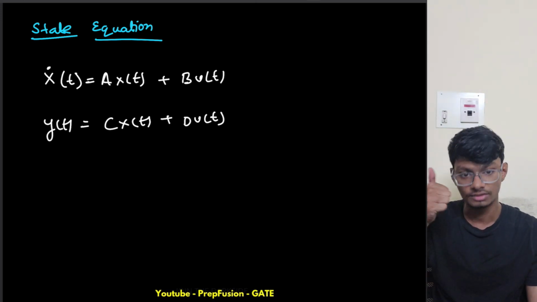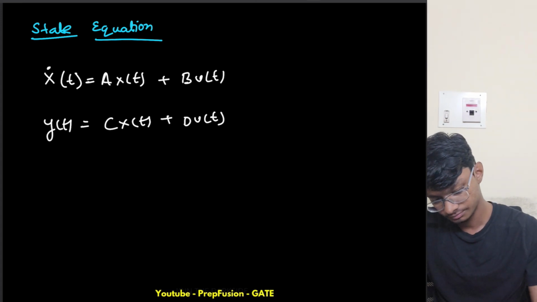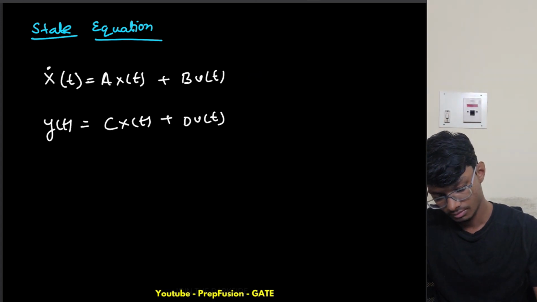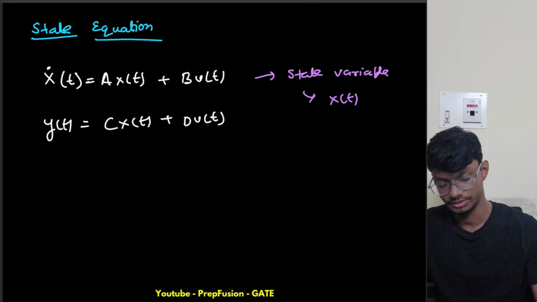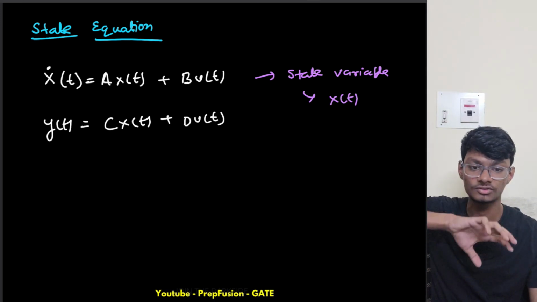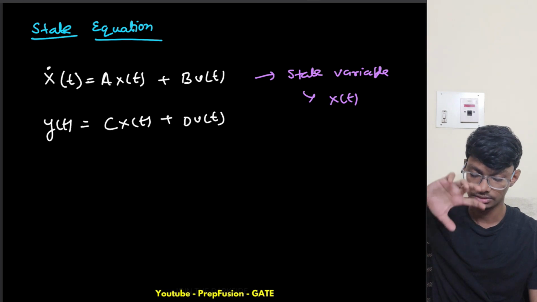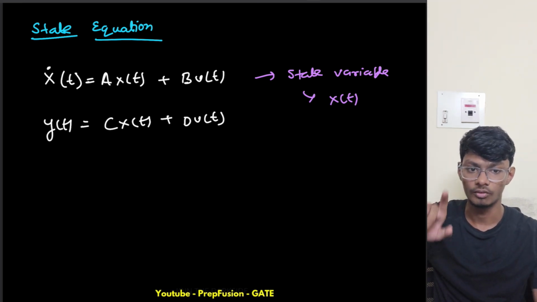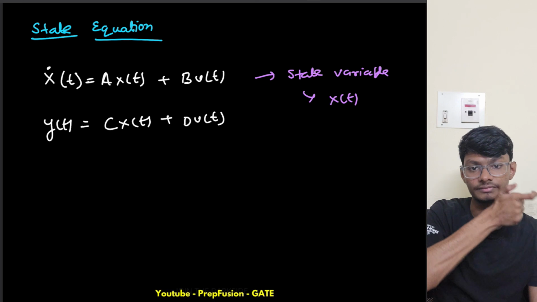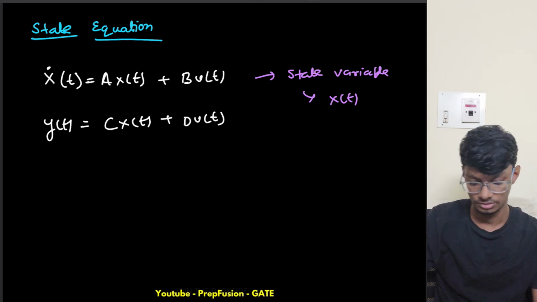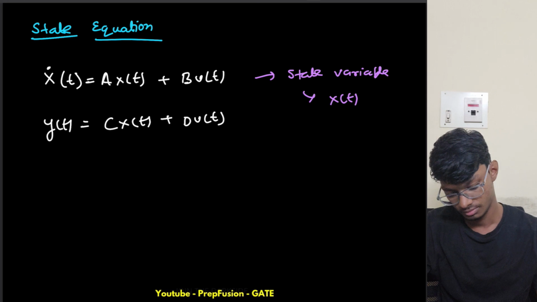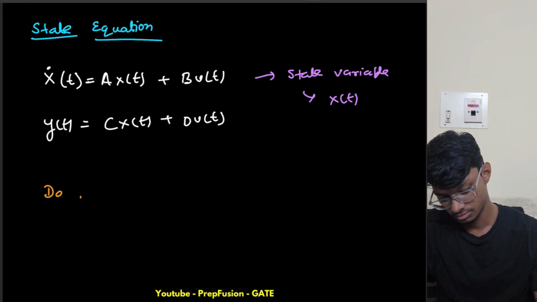Here, what is my state variable? My state variable is x of t. I select x of t as the minimal set so that I can solve this equation. Now I want to change the state variable to a different state variable, so I do similarity transformation.